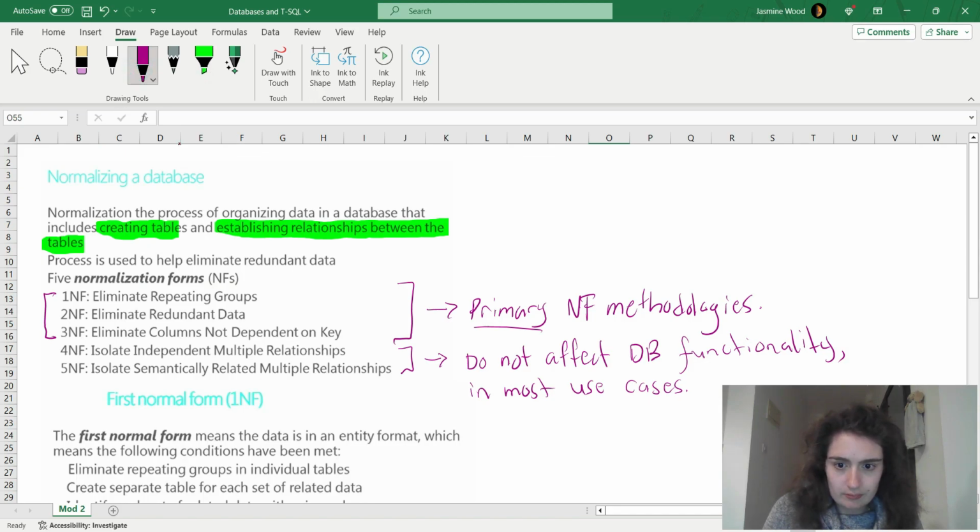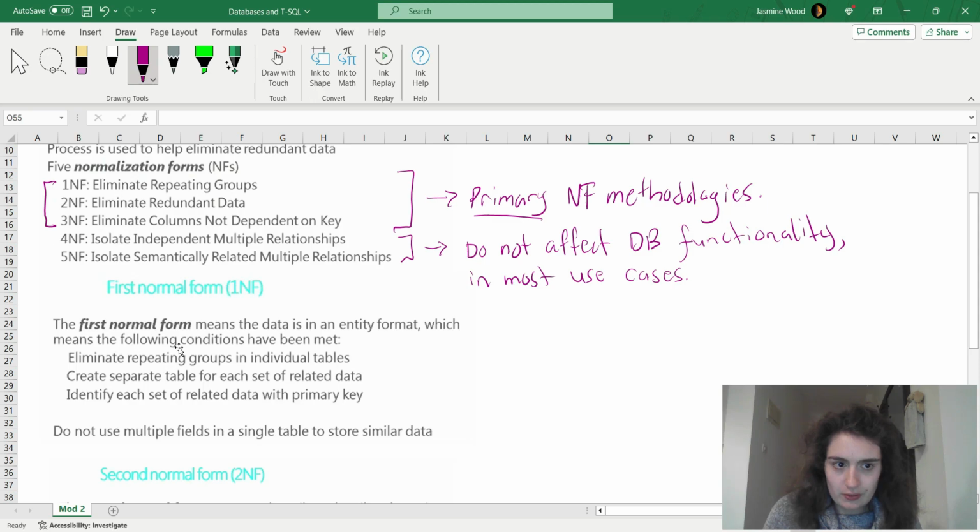There are 2 other methodologies or normalization forms, but they generally do not affect the database functionality in most use cases. So really, this video only stresses the first 3.